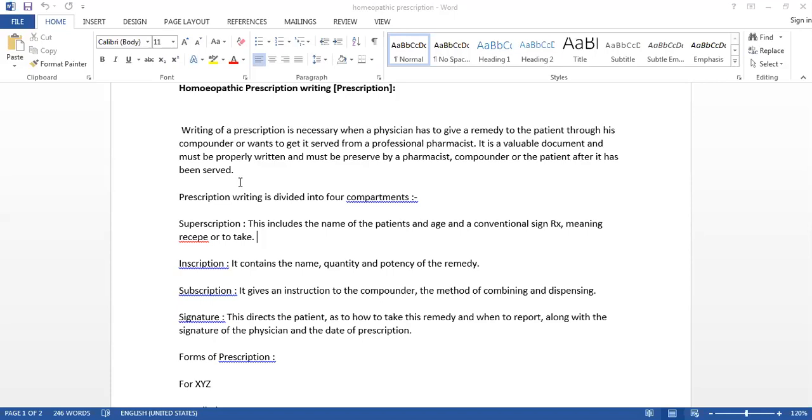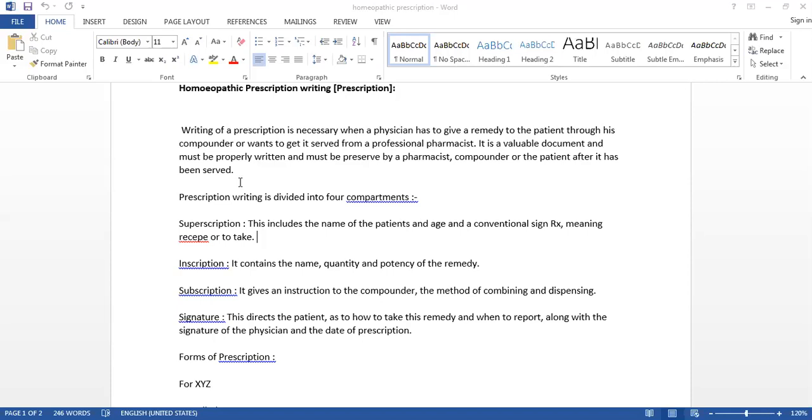But if the physician wants to serve a prescription through his compounder or the pharmacist, then he should write it in such a way that the compounder or pharmacist does not have any problem reading it, so that they can dispense the medicine very easily.